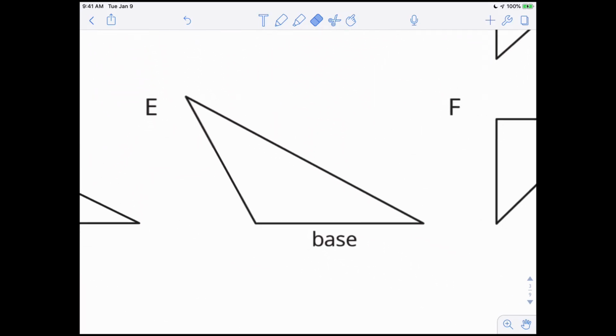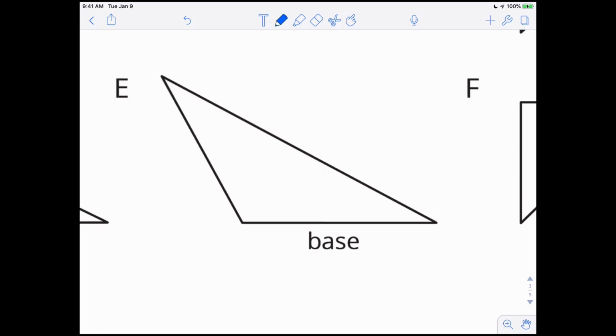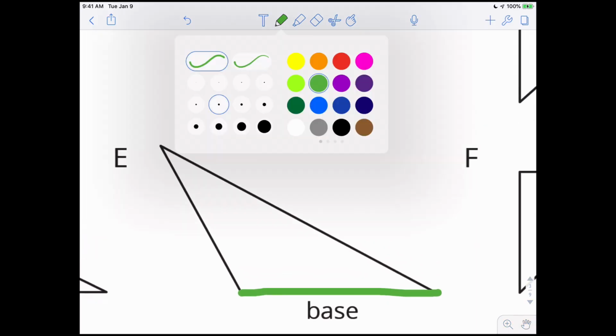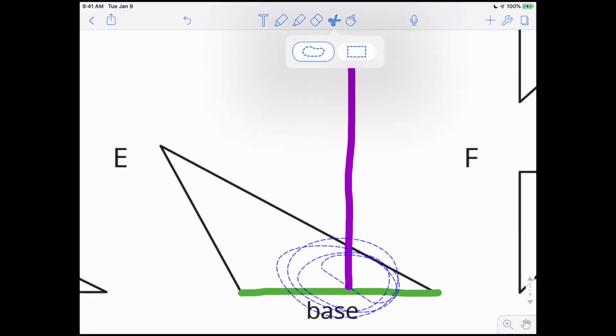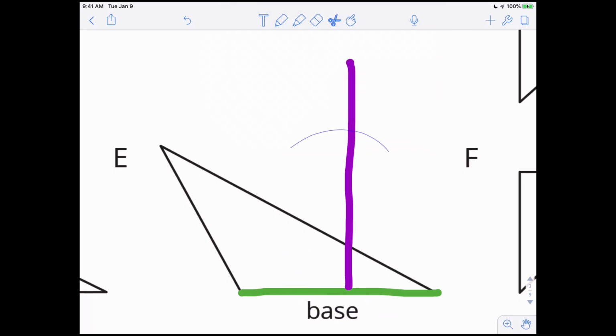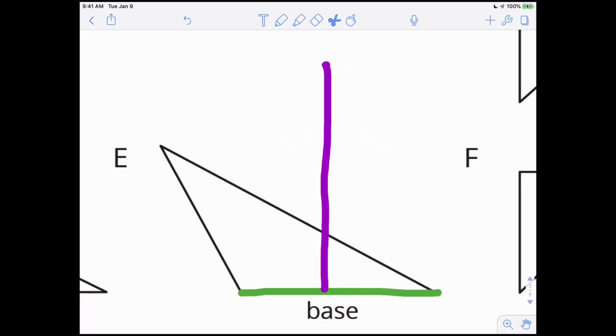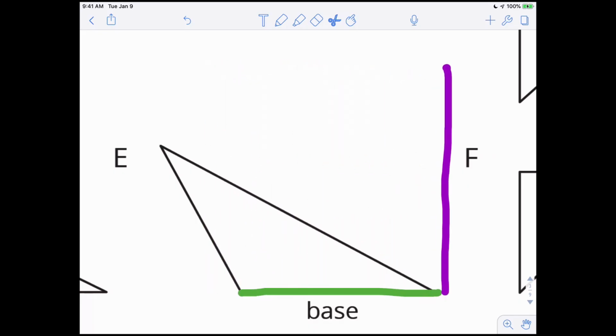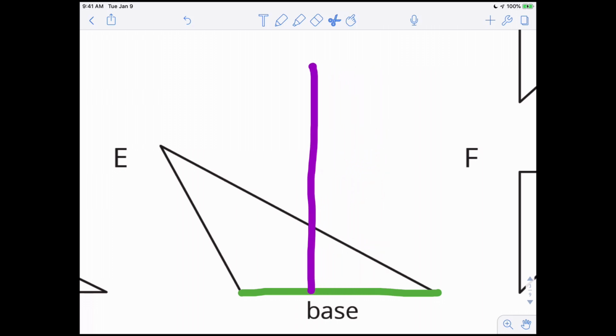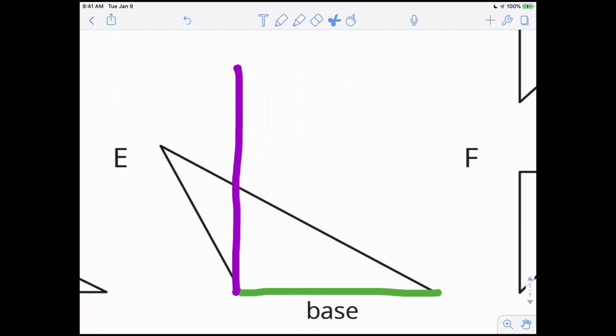So let's do one last one. I'll just do E. If that's the base, I'll get my green. There's my base. I'm going to use an arbitrary length to create that right angle down here. And I'm going to slide this guy, and this is going to tell me where the height of this triangle is. As I go, I can see I haven't reached the height.